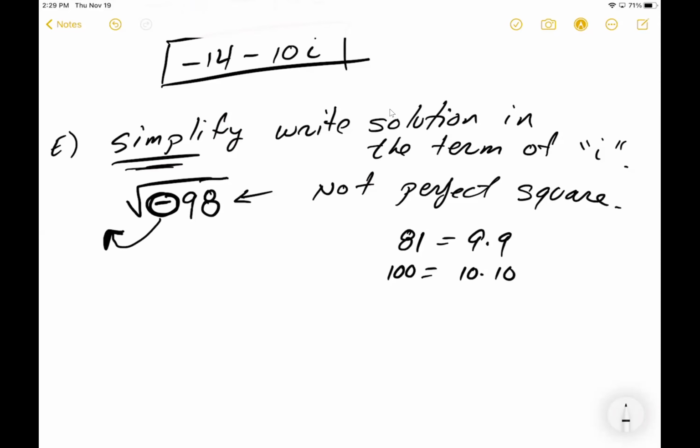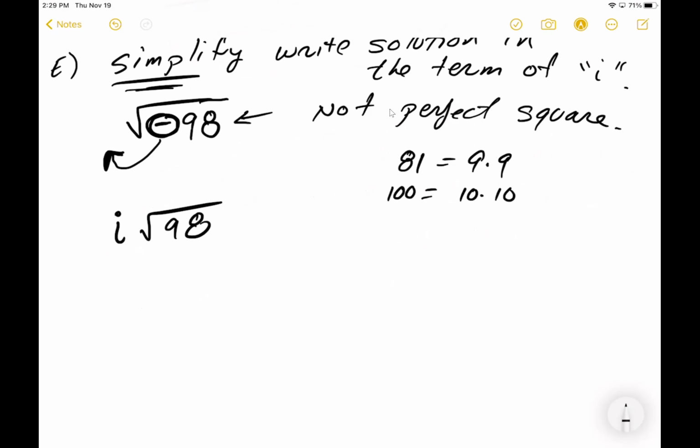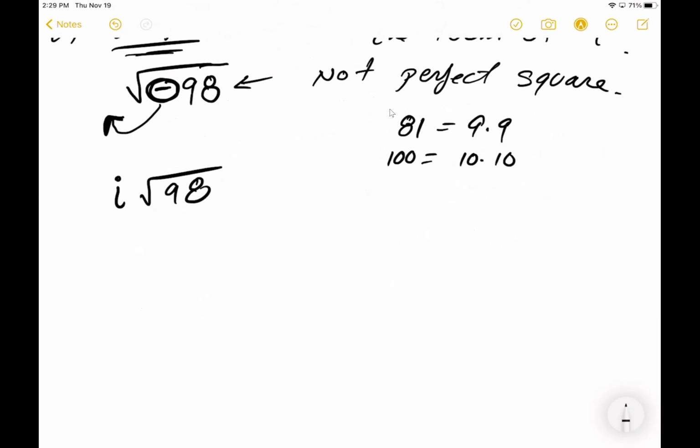Because of the negative number inside the radical, I can bring out i, and I have 98. Now, is there a perfect square in 98? If you don't see it first, don't worry about it, because let's break this thing down.